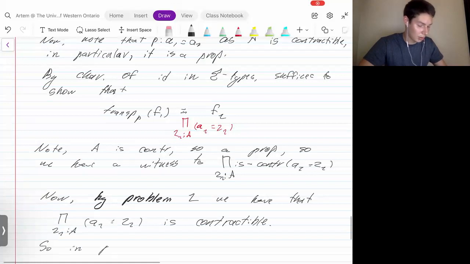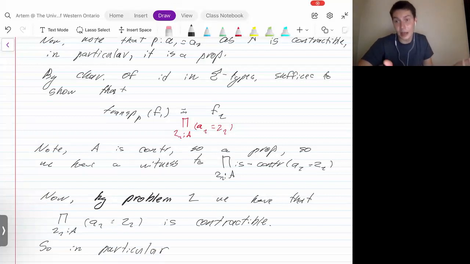So in particular, any of its elements are going to be equal. We're going to have a witness to that. So in particular, the transported version of F1 is going to be equal to F2.